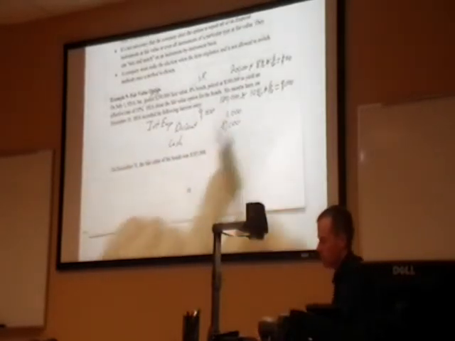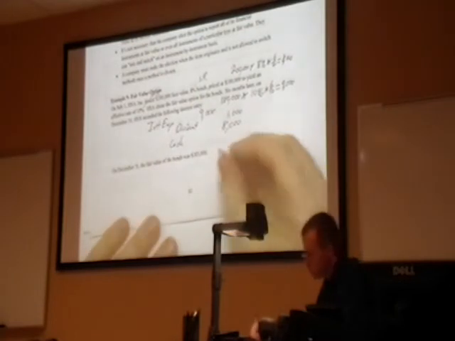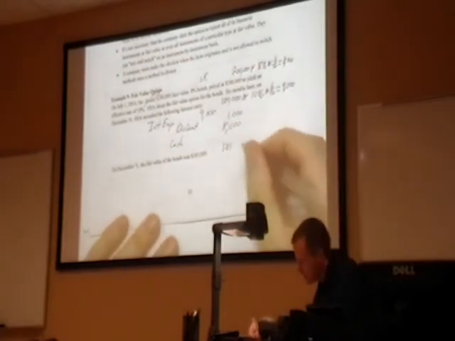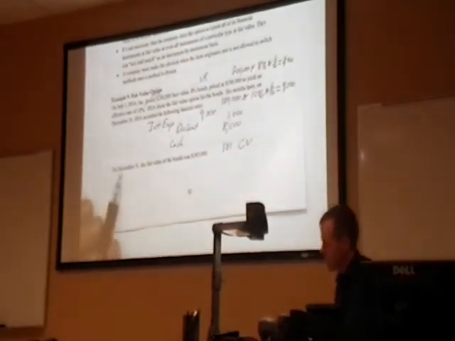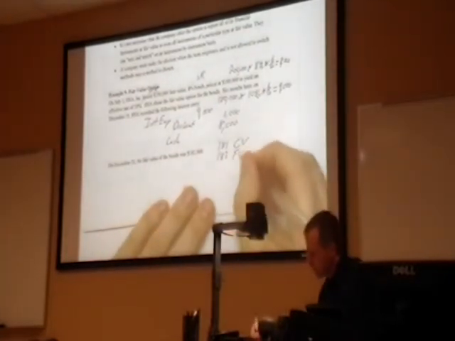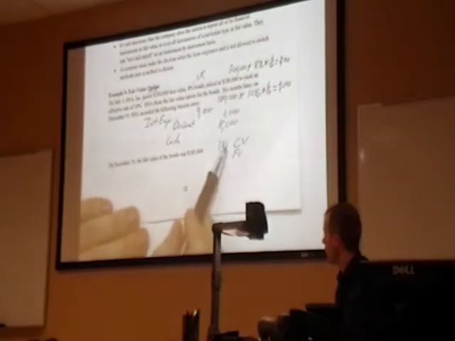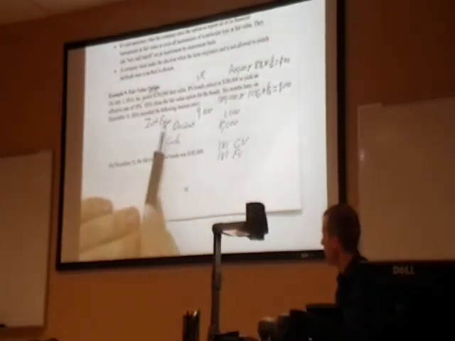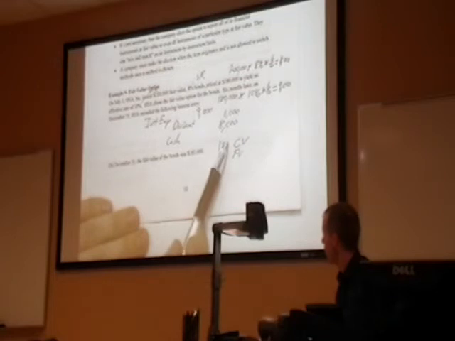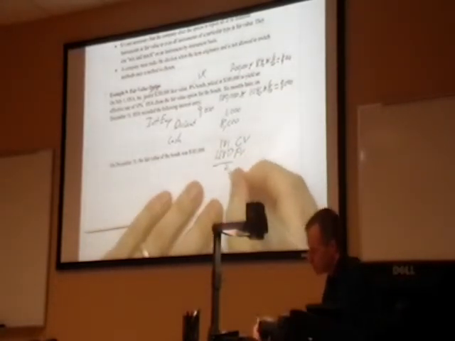So 180 plus the 1, so 181 is the carrying value. And then at December 31st, the fair value of the bonds is 183. So what we're going to do is we're going to mark this bond from 181 to 183, with the difference being the $2,000.